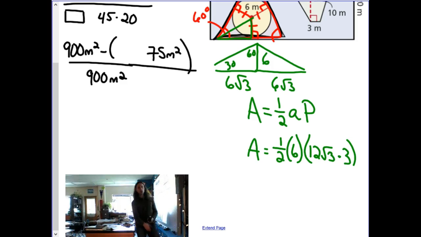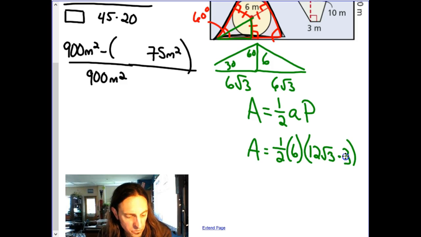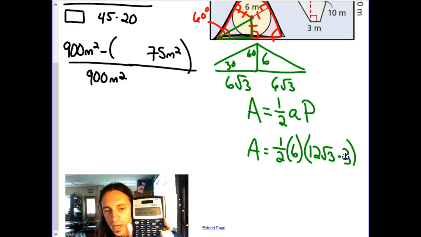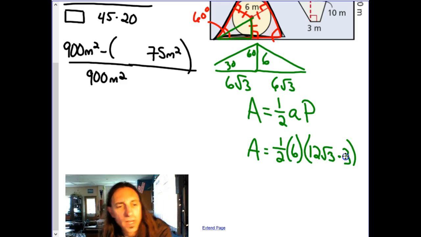Holy cow. You know what? It's really not that bad. It's just a number. What's half of 6 is 3. 3 times 3 is 9. And then I can do 9 times 12 square roots of 3. And that's 187.06.